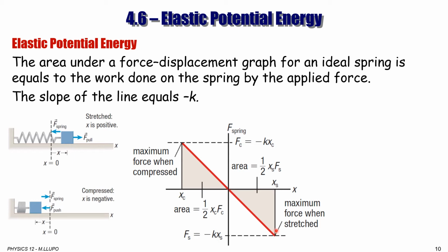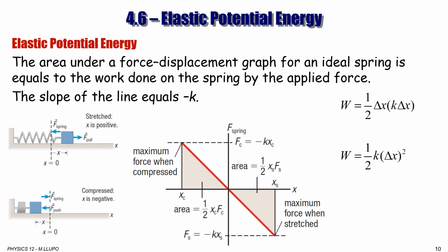Now we know that the area under the graph represents work done. So we know that the area under the force-displacement graph is work done by that force. So we can say work is equal to the sum of the triangles, which is half of the x, k delta x. And both triangles actually are the same.